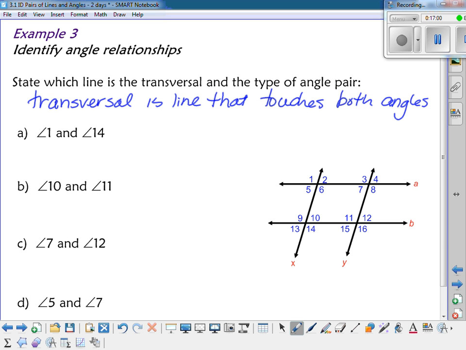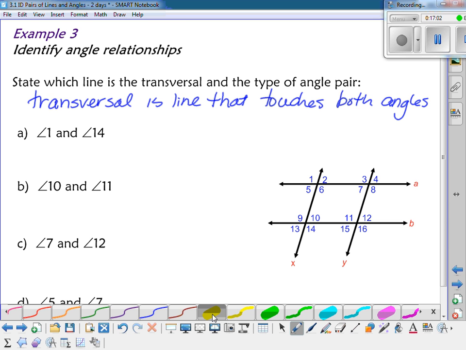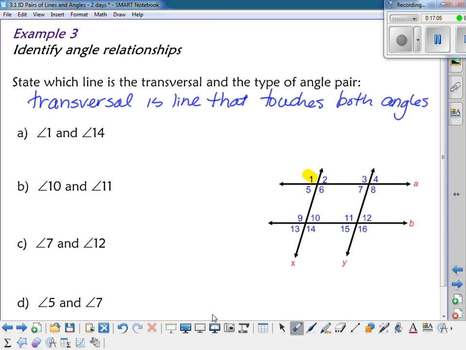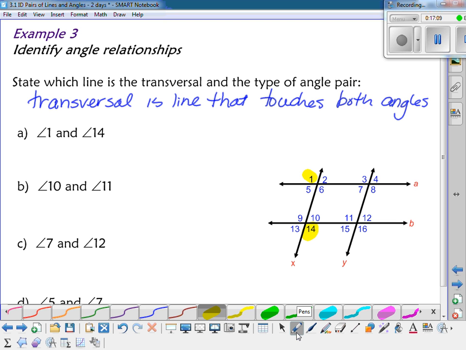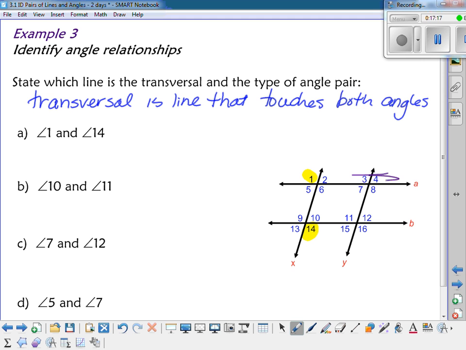So for example A, we're looking at angle 1 and angle 14. So sometimes it helps if you just cover up part of the figure that you're not using. So in this case, we're not even using this part of the figure over here. So I'm not even going to look at that. I'm just going to look at this portion right here that involves angle 1 and angle 14.